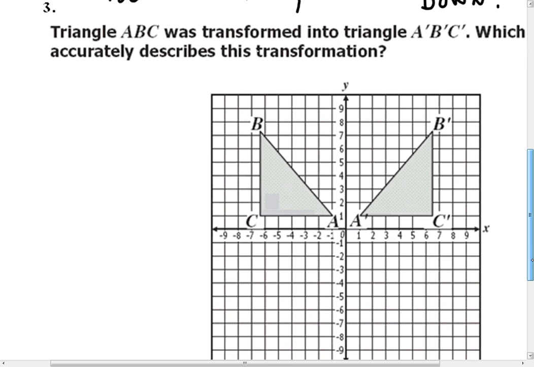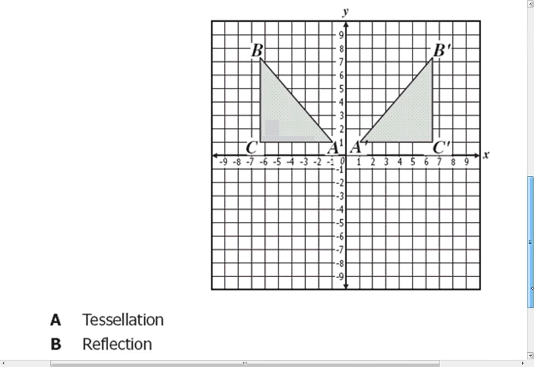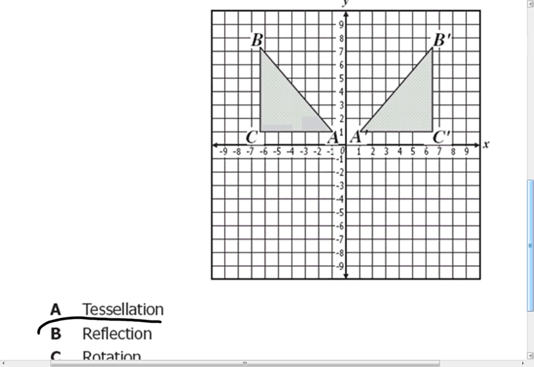What am I looking at for number 3? Reflection. Be careful. If you think something's easy, it either is easy or you're missing something. Are A and A prime the same distance away from the axis? Yes. Are B and B prime the same distance away from the axis? Yes. We're probably looking at a reflection.